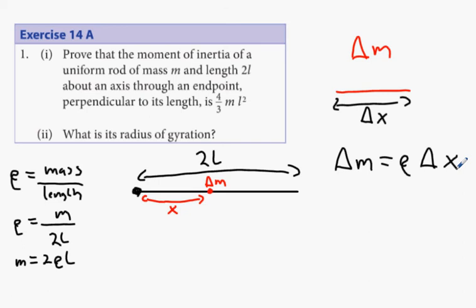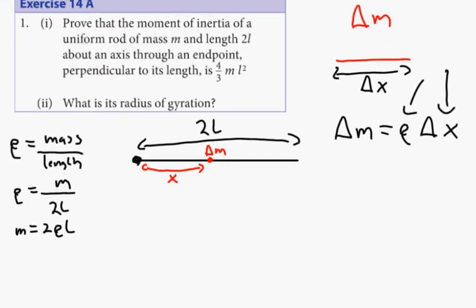That's the mass per unit length, and this one here is the actual length of the rod. Now that you've done that, you're going to write down your definition of inertia. Inertia equals the sum of delta m r squared.